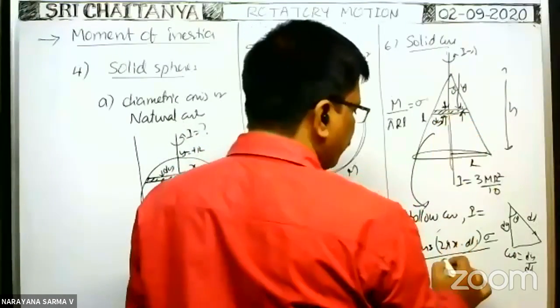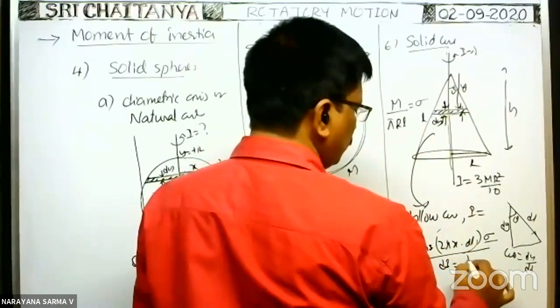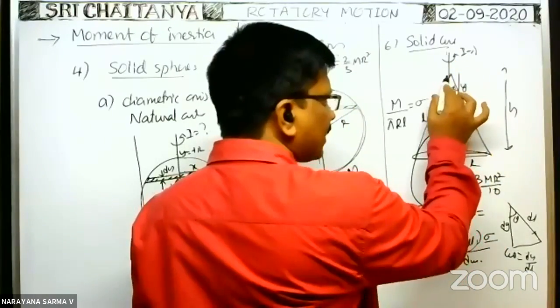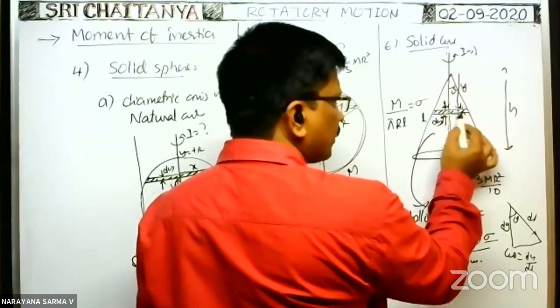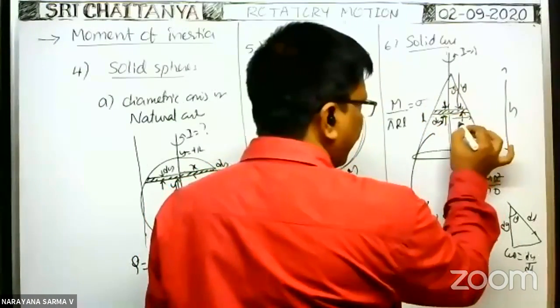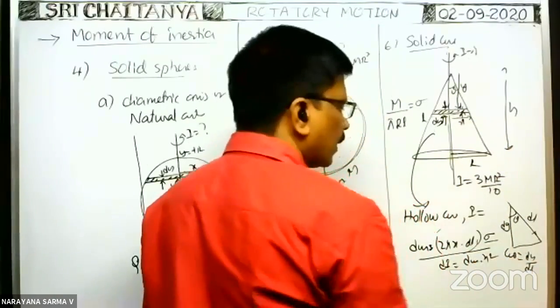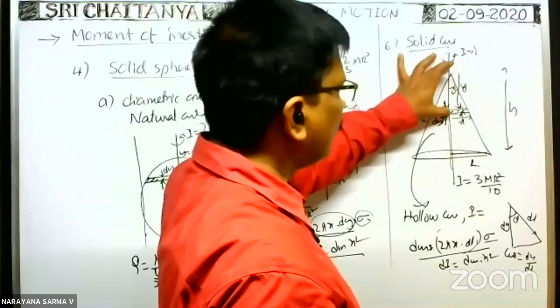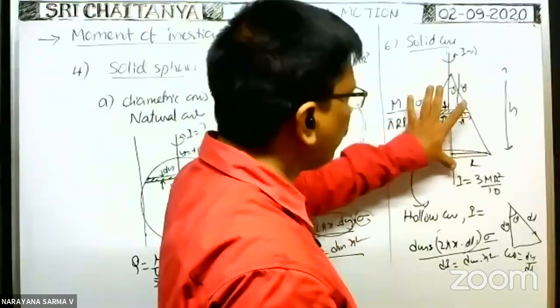Now the moment of inertia of the element, dI, is equal to mass into radius squared, since this axis acts as the natural axis for this ring. So dm into x squared, where the radius here is x. Now from this right angle triangle, tan theta is equal to x by y, and tan theta is equal to r by h.